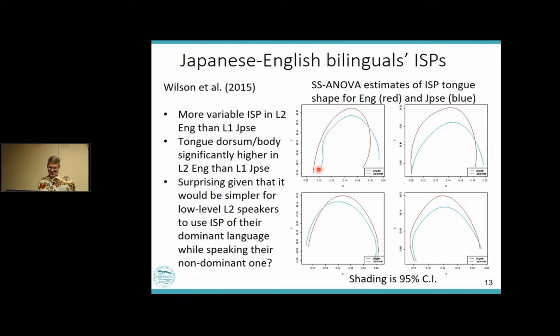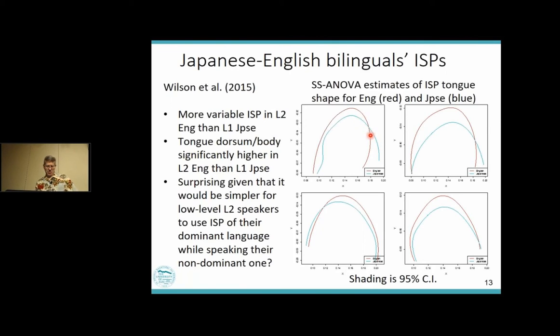So I don't know where it went. Anyway, what I was going to say is that the shading shows, or the shading did show this morning, trust me, that it's more variable in their ISP in second language English than in first language Japanese. So we had a big wide confidence interval for the red, which is the English. The blue line is the Japanese, their native Japanese.